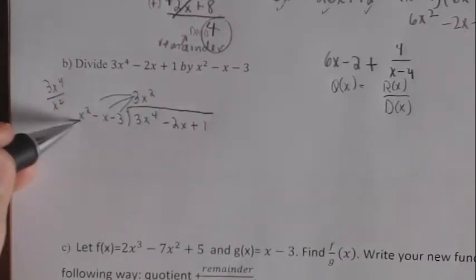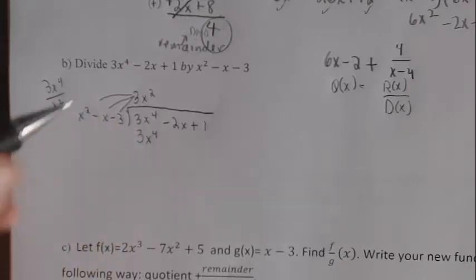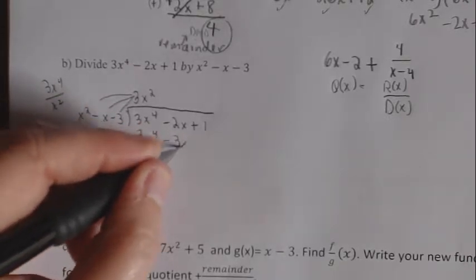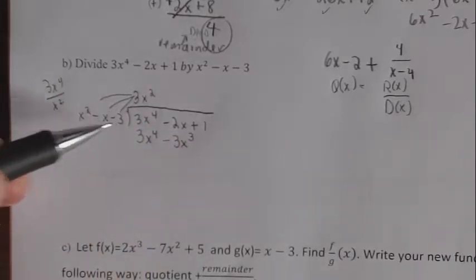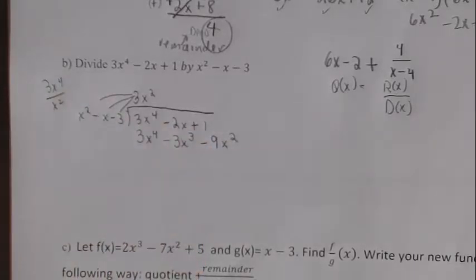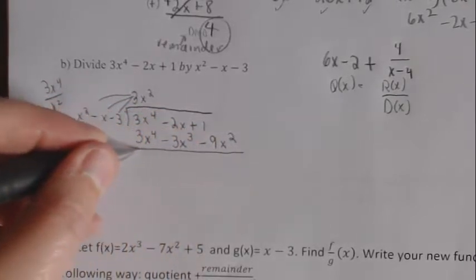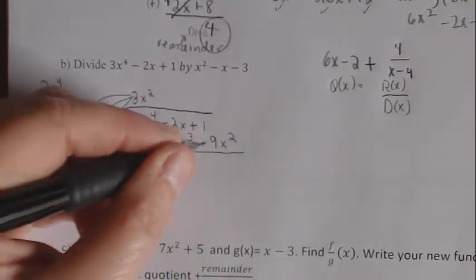So 3x squared times x squared is 3x to the fourth. 3x squared times a negative x is negative 3x cubed. And 3x squared times negative 3 is negative 9x squared. And so then you subtract. So I'm going to draw my line and just change all these signs, distribute the negative.